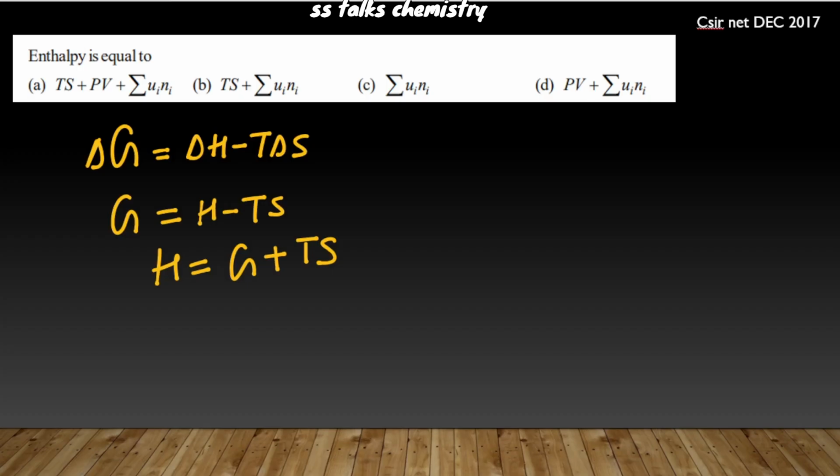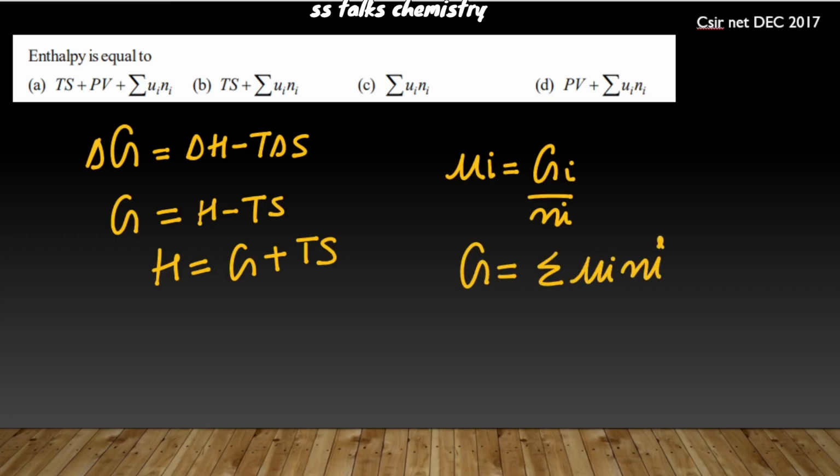So we define the chemical potential of the ith component as the change in the Gibbs free energy that you are having by adding Ni components. So from this the Gibbs free energy we can say is the summation of mu i into Ni.